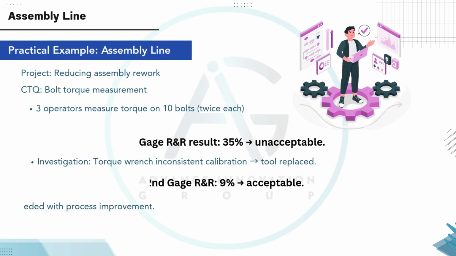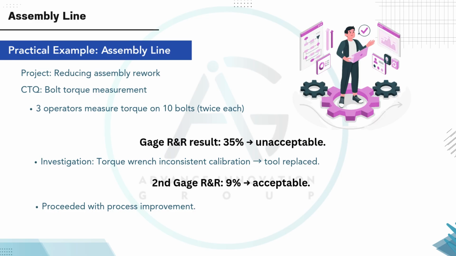This slide presents a real-world example of how measurement system analysis, MSA, can directly impact quality improvement in an assembly line. In this project, the goal was to reduce rework in the assembly process, with a focus on bolt torque measurement, a critical-to-quality CTQ parameter.